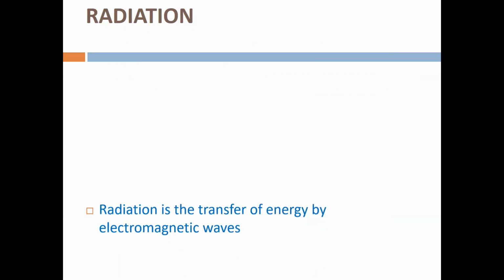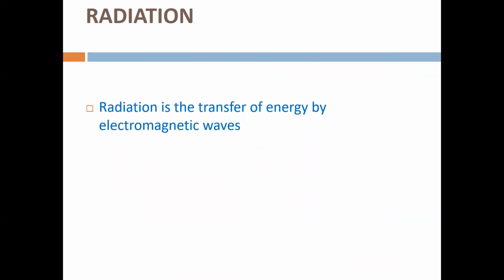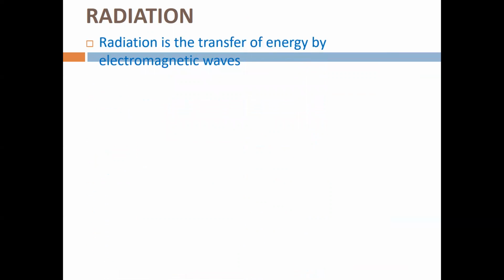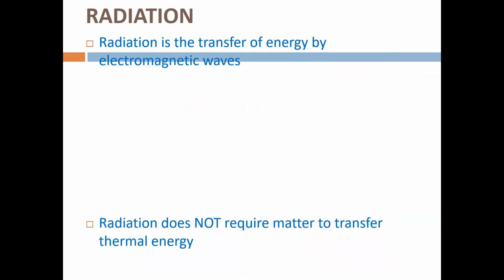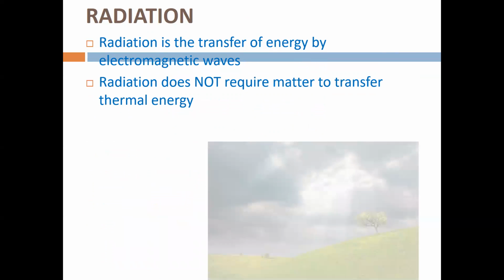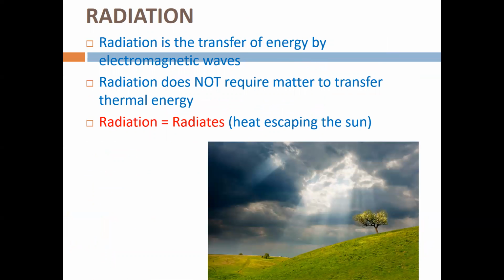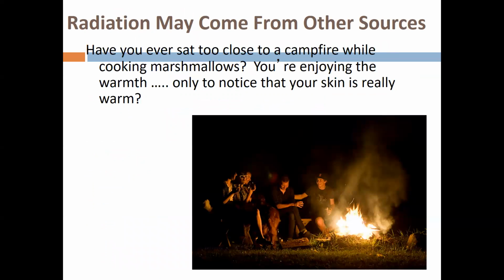Radiation is the transfer of heat by electromagnetic waves. It does not require matter. Typically, when you think of radiation, you think of sunlight. Light is typically our main form of radiation. Like I said, you can cook a marshmallow by radiation.